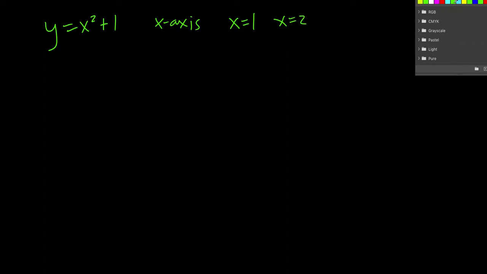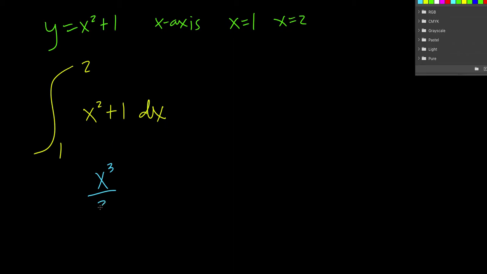Okay, so we're going to set up an integral from 1 to 2. Our function is x squared plus 1. And we'll do this. Okay, so we find the antiderivative, raise it by 1, divide by the new exponent. We do that. And we just have from 1 to 2.